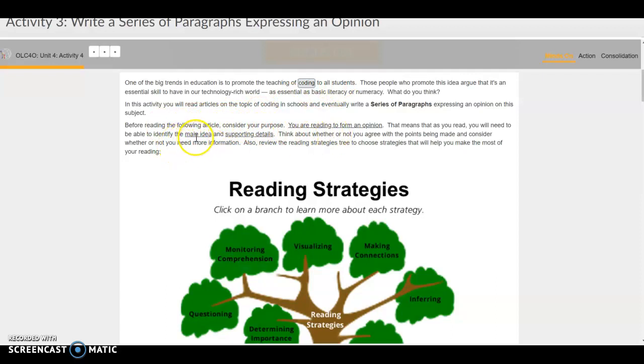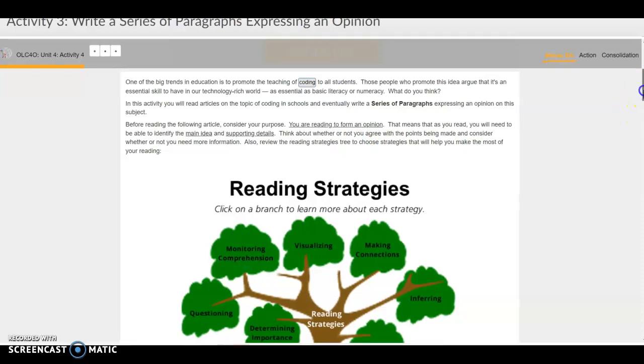You want to see if you can identify the main idea and the supporting details that the author is providing, and then try to develop your own opinion on the article. Do you agree with the author's main idea? Do you agree or think that they've fully supported themselves with supporting details? It'll be important for you to kind of judge the articles we're reading in order for you to develop your own opinion and write your own assignment on the topic.